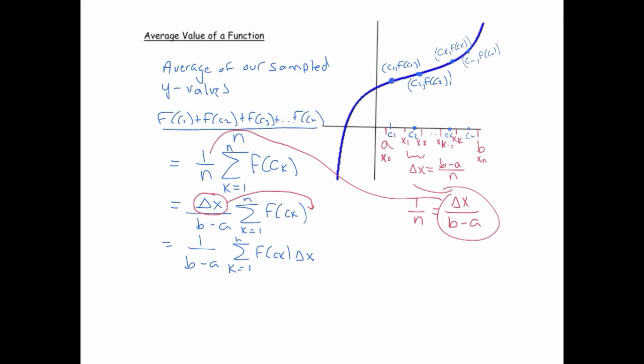Now, we need to talk more about this because it's a very important idea. So in the next video, I'm going to give you a conceptual understanding of the average value, which will probably make more sense than all this notation. But at least we've got the definition down, and you'll want to remember that because it's going to come up a lot.